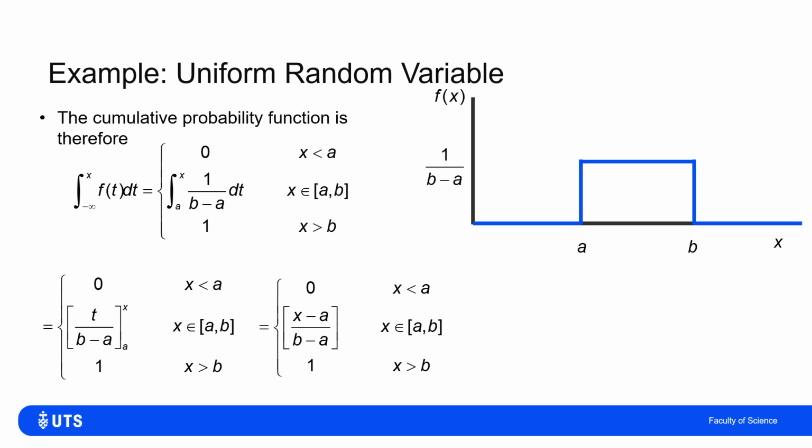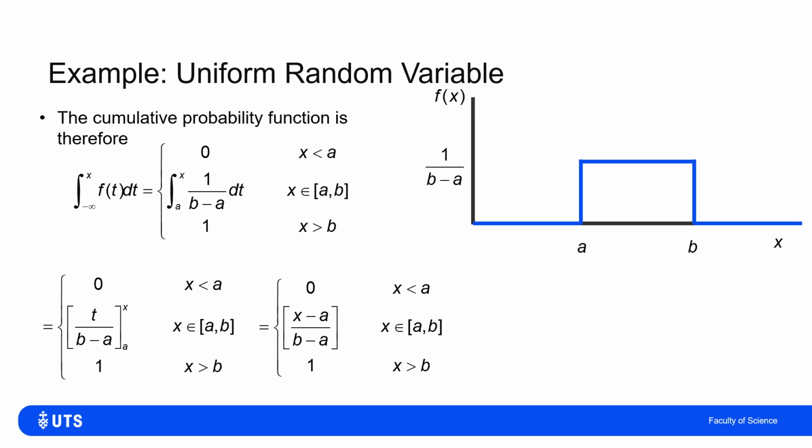And the point about it is I've got a few inbuilt sense checks. The point x equals a is at the very bottom of that middle interval, but it's also the limit point of the 0 at the top, the limit point of the set describing x less than a. And sure enough, it joins up nicely. If I set x equals a in there, I'll get a minus a over b minus a.